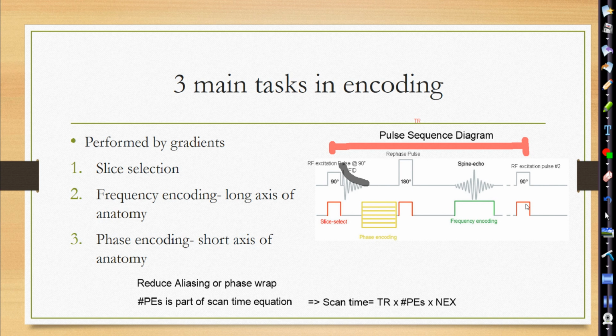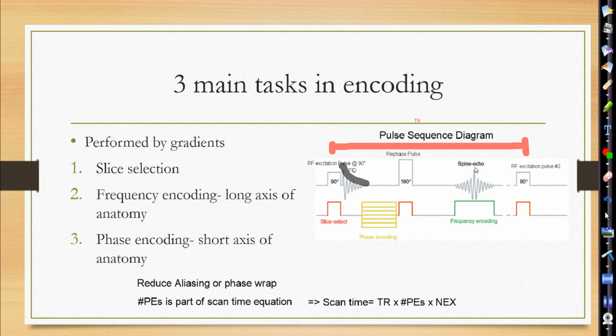And then what happens is that signal starts to decay from that slice, and so we apply a slice select gradient. It turns on when we apply the rephasing pulse. So that signal starts to decay, and we apply basically a 180 rephasing pulse, so that signal starts to regrow. So see over here, this is the signal regrowing after we apply a 180 refocusing pulse.